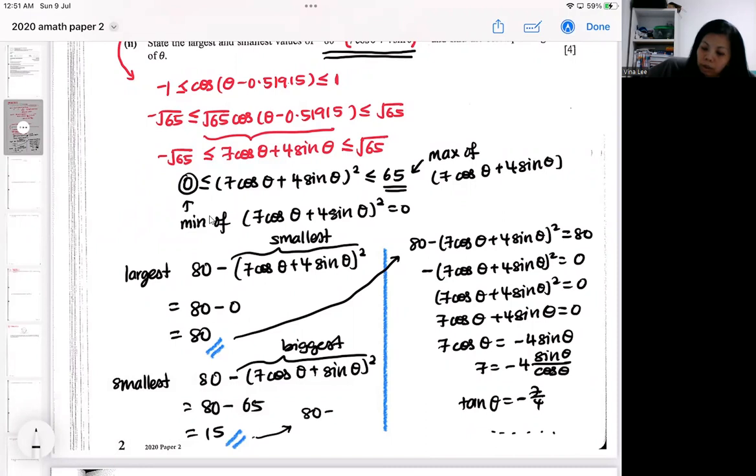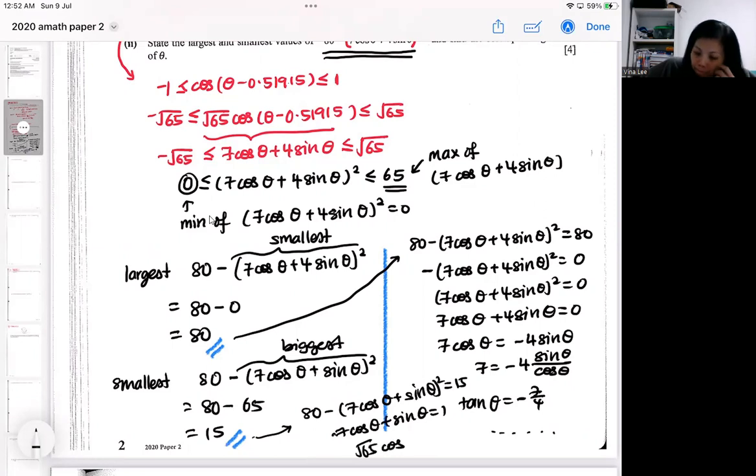You can do 80 minus this and set it equal to 15. Eventually, you should be able to get 7 cosine theta plus sine theta equal to 1. No, sorry, you will be able to get square root 65 cosine theta minus 0.51915 equal to 1. Then you solve as per normal.